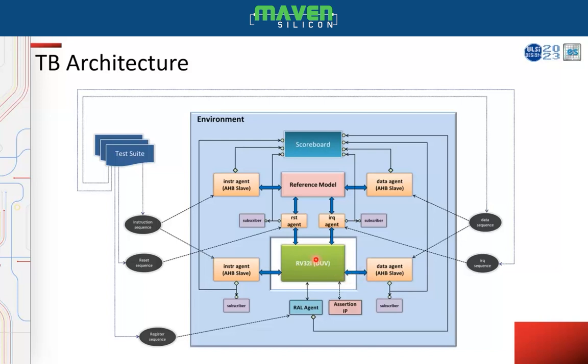In most cases like arithmetic and logical instructions, instead of producing valid output, the content of the design's internal registers will be modified. So we have to compare the data in those destination registers with the expected values. That is why we are using RAL components also, which can do the backdoor access and send it to the scoreboard. So validation happens with the help of the RAL backdoor access here.